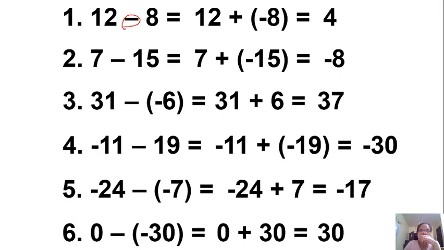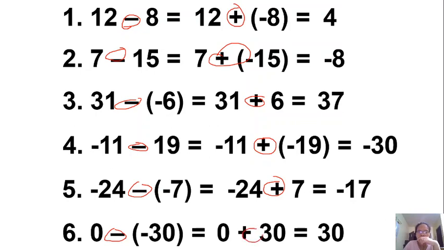As you observe, we changed the operation from subtraction to addition. So from minus, we change it to plus. All of the operations are changed from subtraction to addition. So that's the first one that you can observe.